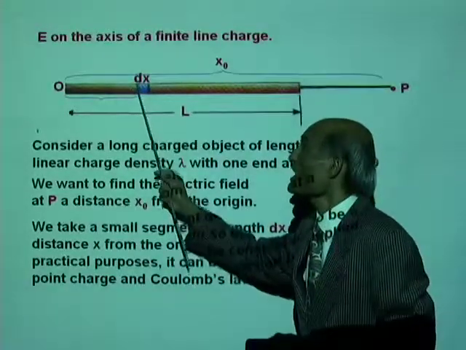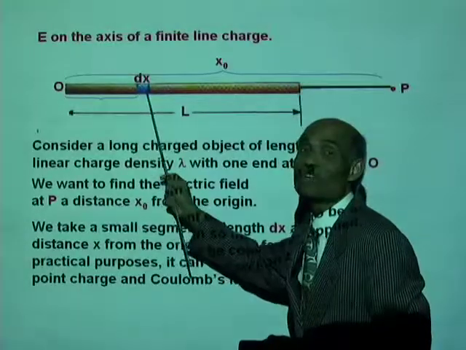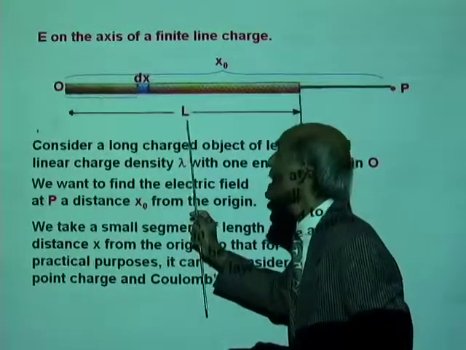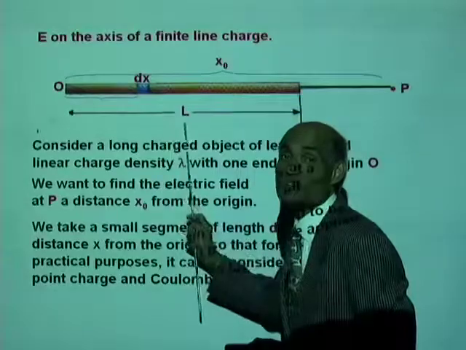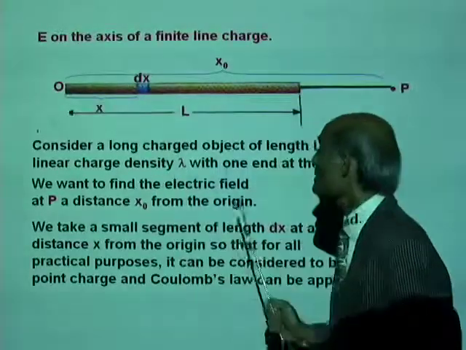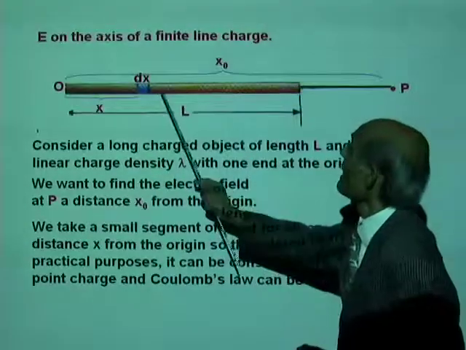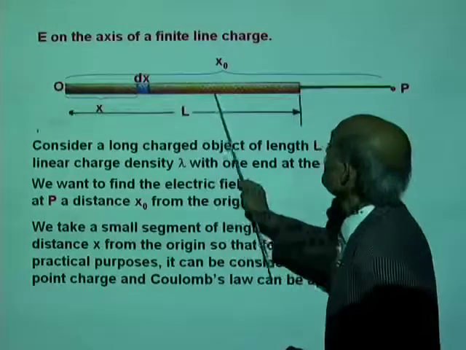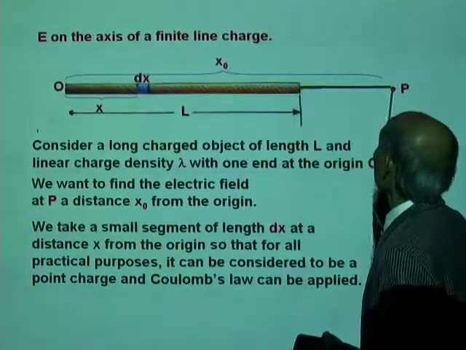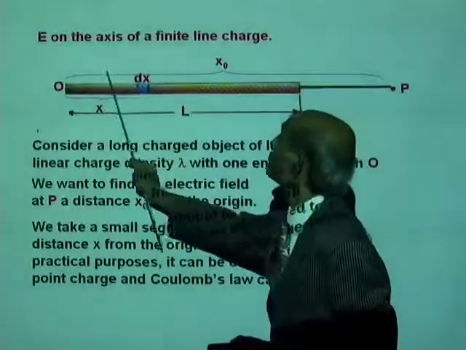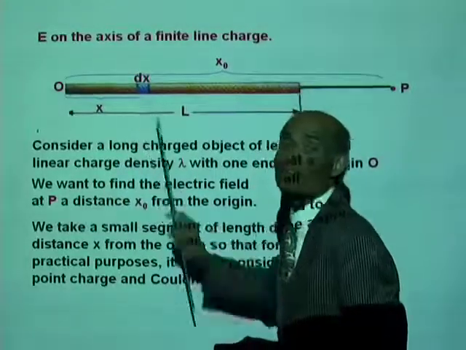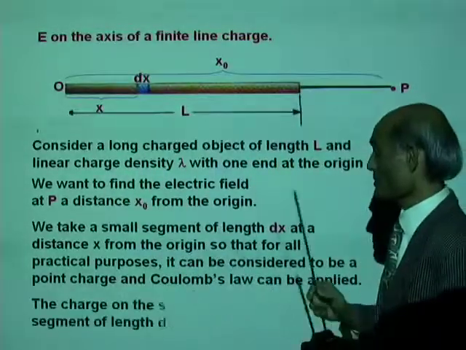Therefore, what is the charge carried by a length dx? It will be lambda dx. The charge carried by this will be lambda dx. And what is the distance of this from P? The distance is x0 minus x. Is that right? Let's write that down.